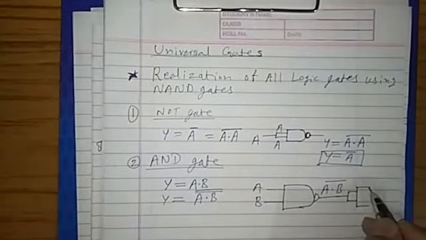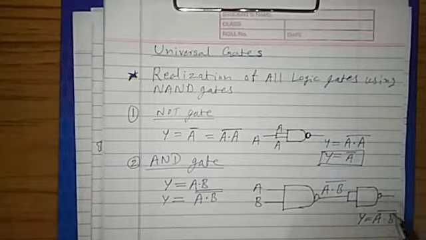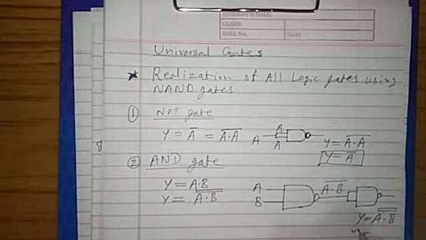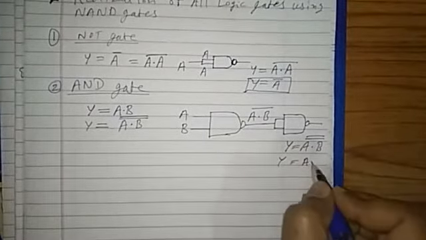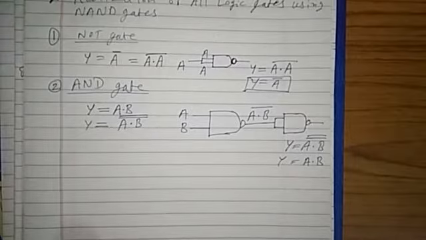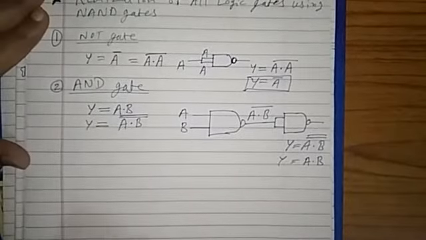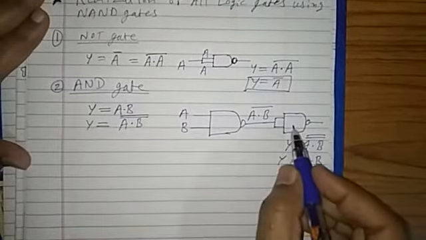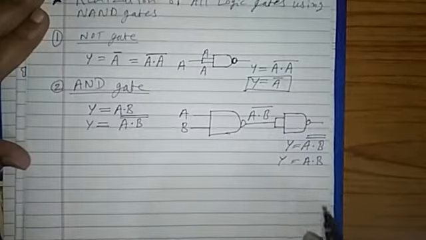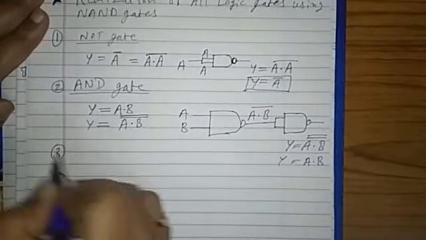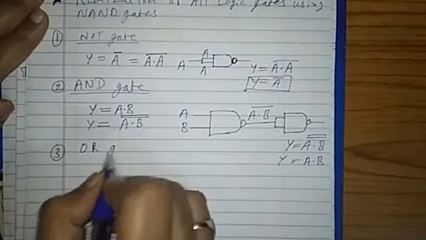This is Y equal to (A dot B) whole bar whole bar, which is how Y equal to A dot B. Understood? This is how we implement the AND gate. This is NAND, and in front of that one NOT gate implementation using NAND. If we use this, we get the AND gate. Are you getting this? Did you understand?